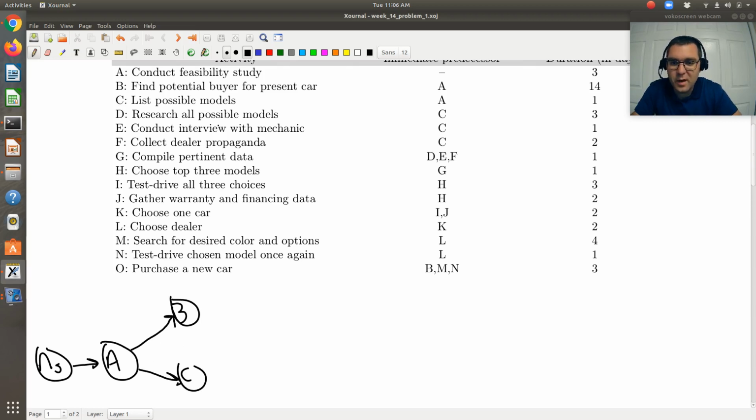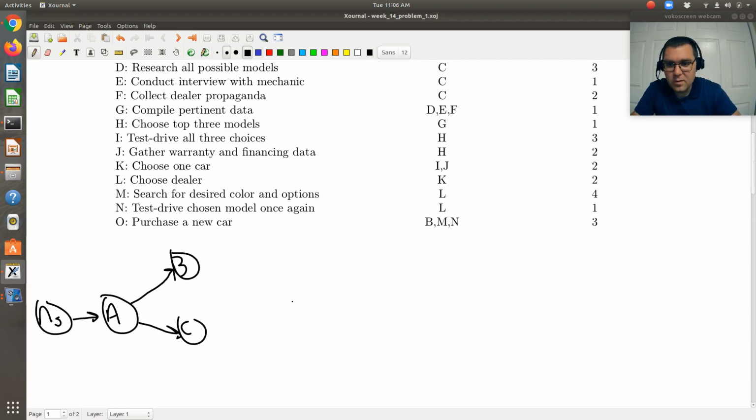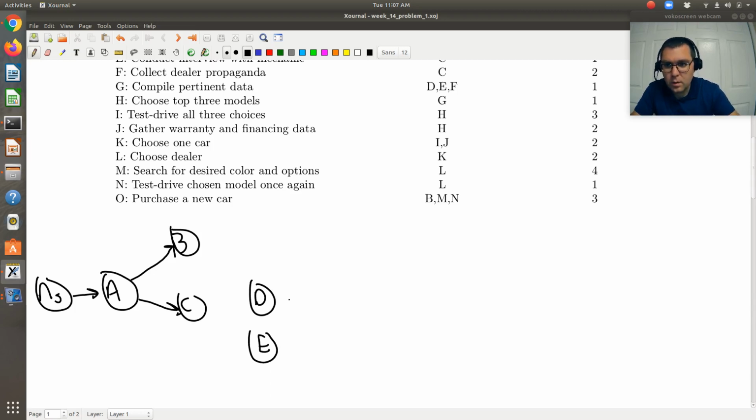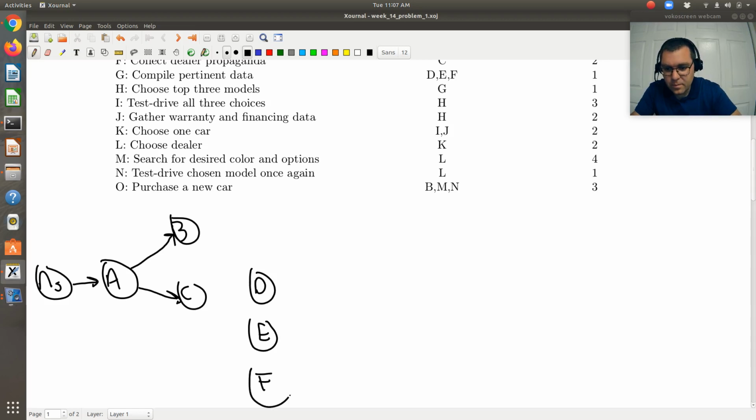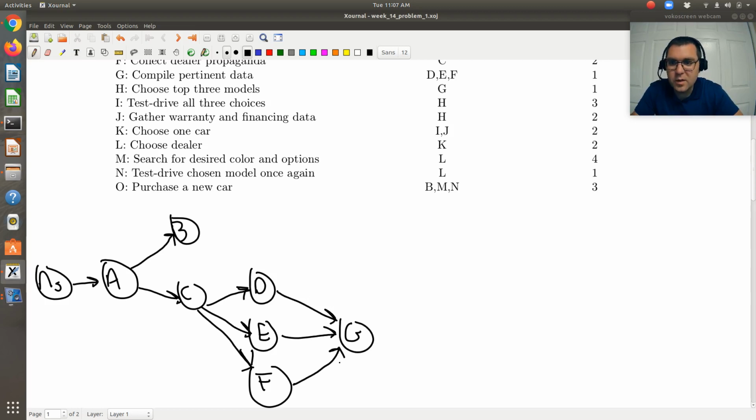Okay, so there's B and C, which are dependent on A. Then D, E, and F are all dependent on C. So I'm going to draw in D, E, and F, and let me try and space them out a little more, all of which are dependent on C. Then G is dependent on D, E, and F. So D, E, and F are all precedents for G.